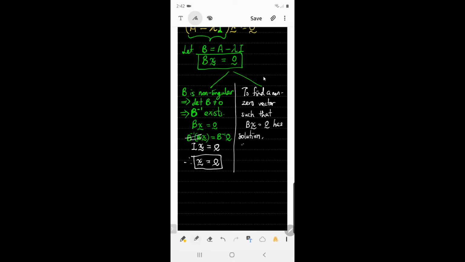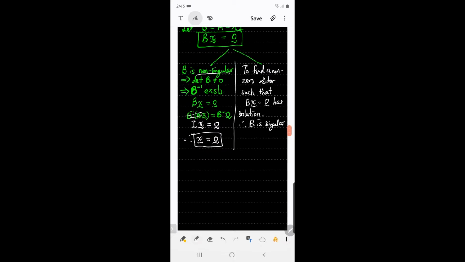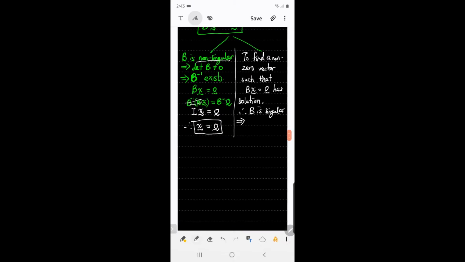Just now we assumed that B is non-singular. Therefore, in this case, B must be singular. So if the matrix B is singular, it means the determinant of B is equal to 0.